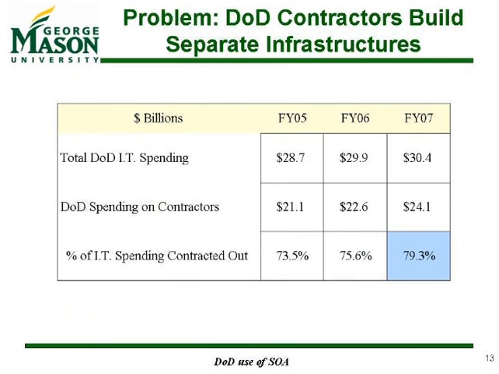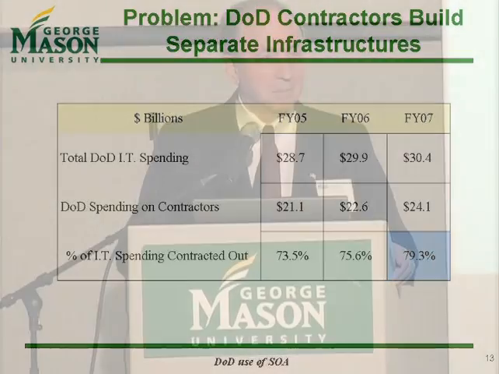Now, before I go away from the first slide, namely the spending, I want to get into the subject of contractors. There are lots of contractors here, so I'm going to tell you how great you are.